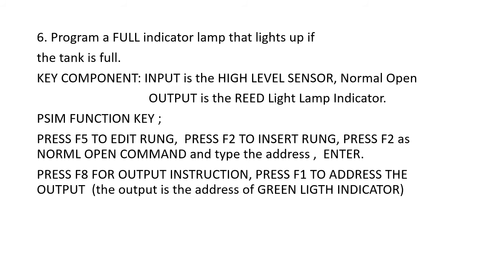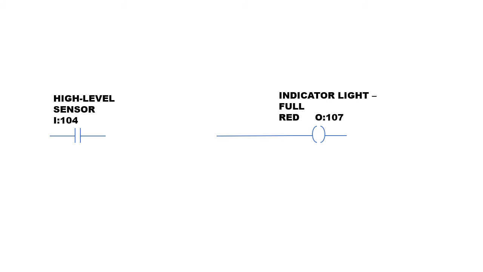Just press F5, F2, F2, then enter the type, the address, and again press F8 like that. So this is the ladder logical diagram to prevent overflow, with the light indicator turning on as long as the high level sensor is on.